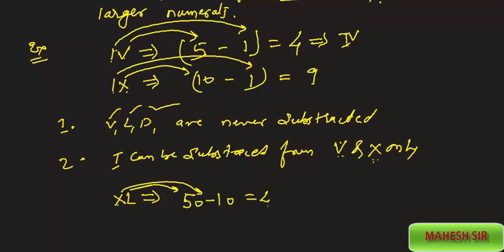But student, IL is not possible. L is standing for 50, and 50 minus 1 is not possible. This is wrong.